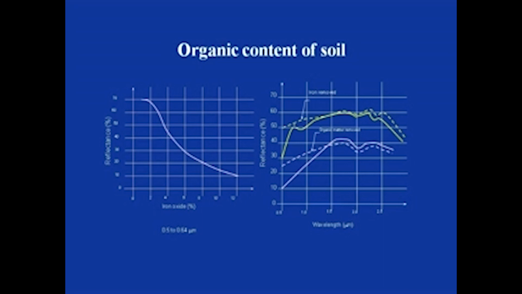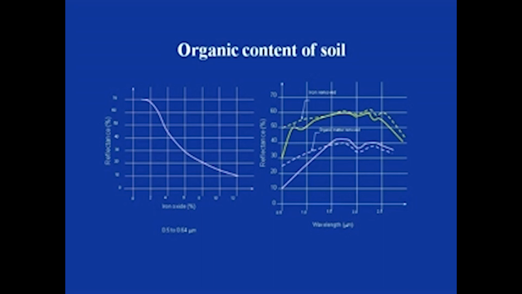On the right hand side, it shows the overall impact on the spectral reflectance when both iron and organic matter are present, and when these are individually removed, how the reflectance properties of soil change.